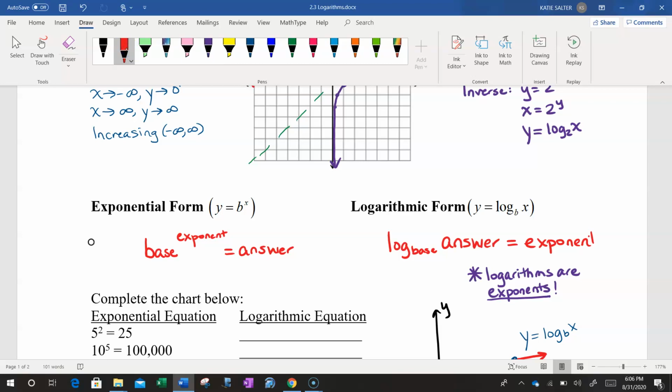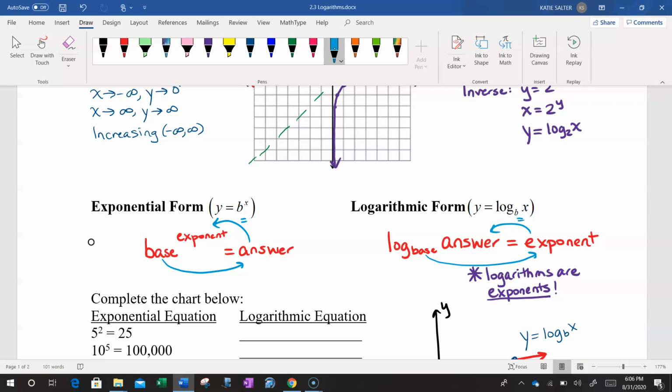It's kind of like a little loop if you want to go back and forth. If I'm trying to go from exponential form to logarithmic form, I'd write log, then I put my base, of my answer equals my exponent. It's kind of a little loop that spirals in. Where if I went from logarithmic form back to exponential form, it's the base to the exponent equals the answer.